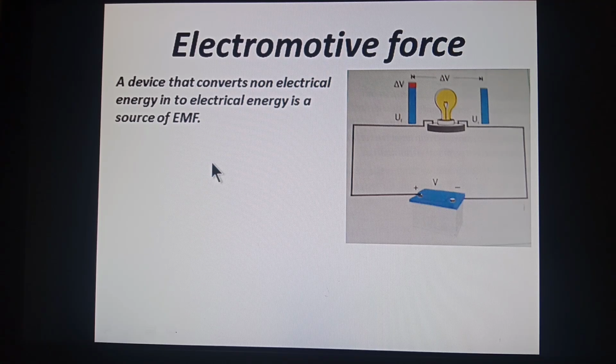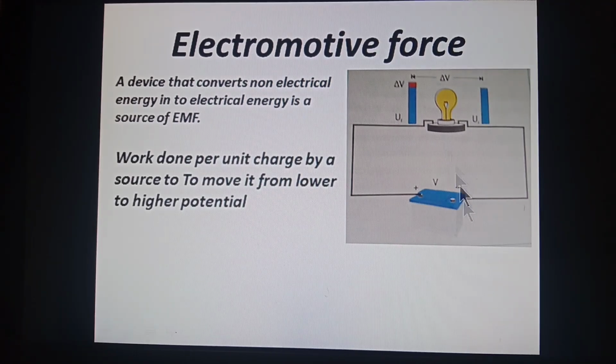And what is its EMF? I told you, when charge enters from the negative side, this battery raises this charge to higher potential. So it performs some work on the charge. So EMF is the work done per unit charge by a source to move it from lower potential to higher potential. It means the energy supplied by the source to the charge while it is moving from lower potential to higher potential.